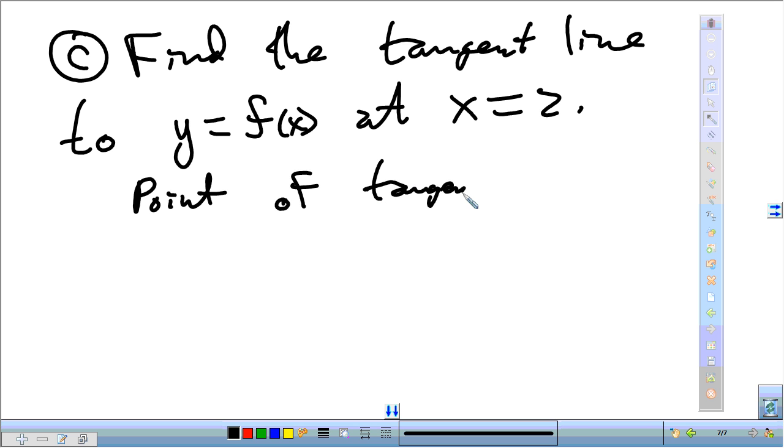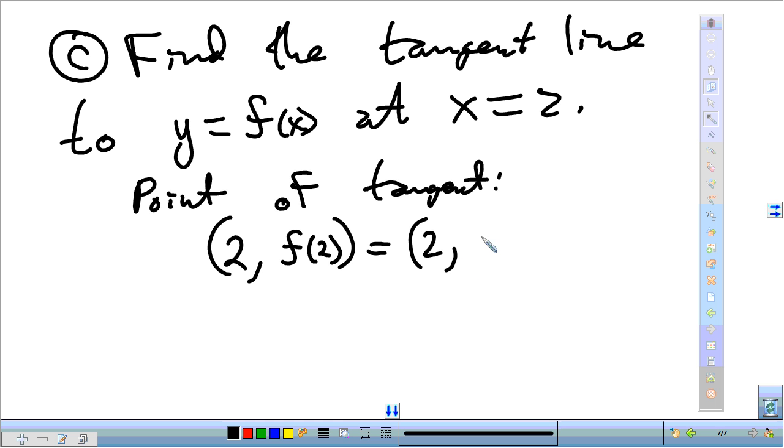So at what point are we looking and taking our direction? So that would be x is 2, and so the height up to the curve is the f of 2. And so I think we already found f of 2 before to be 4.